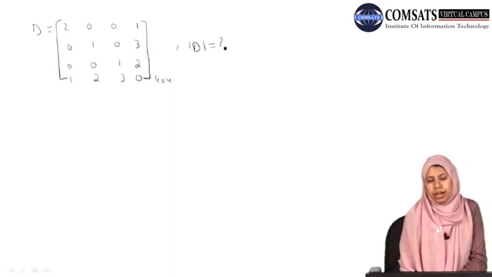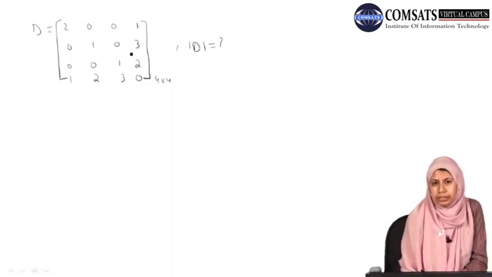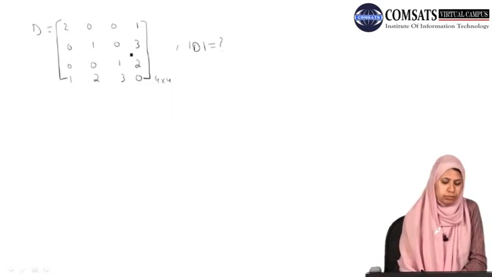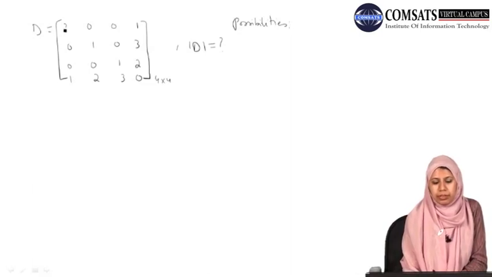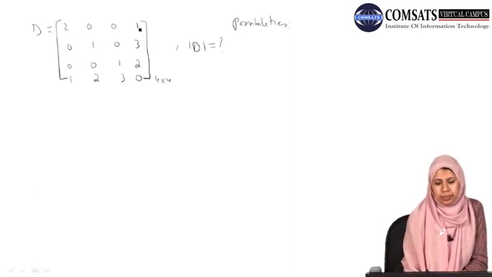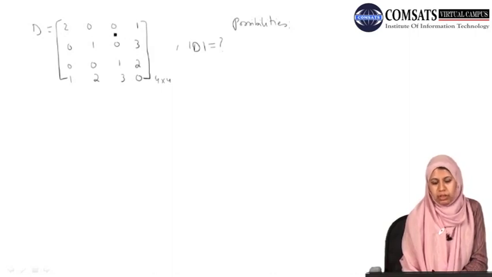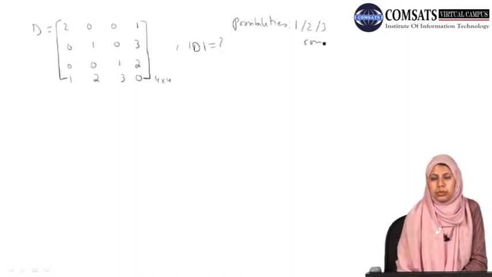To find the determinant of this matrix, we have to select the right row or the column. Here we have different possibilities which can simplify our work. The possibility can be the first row, because the first row has 2 zeros, or the second row, or the third row, that is first or second or third row.